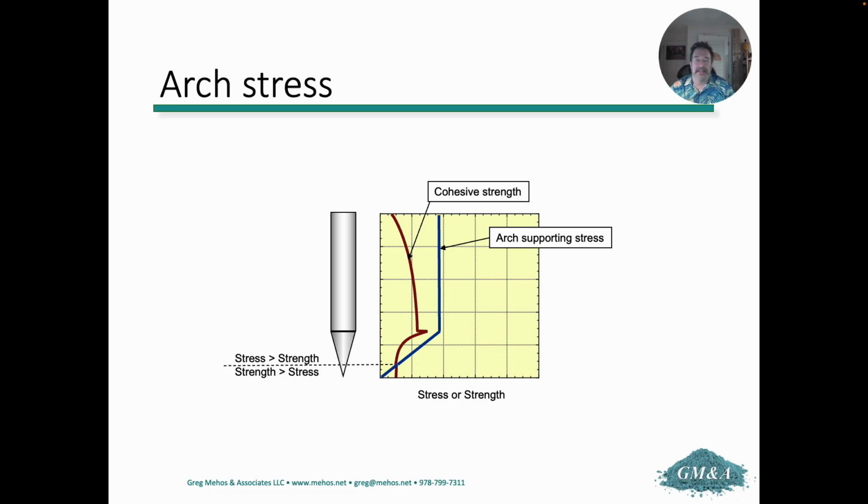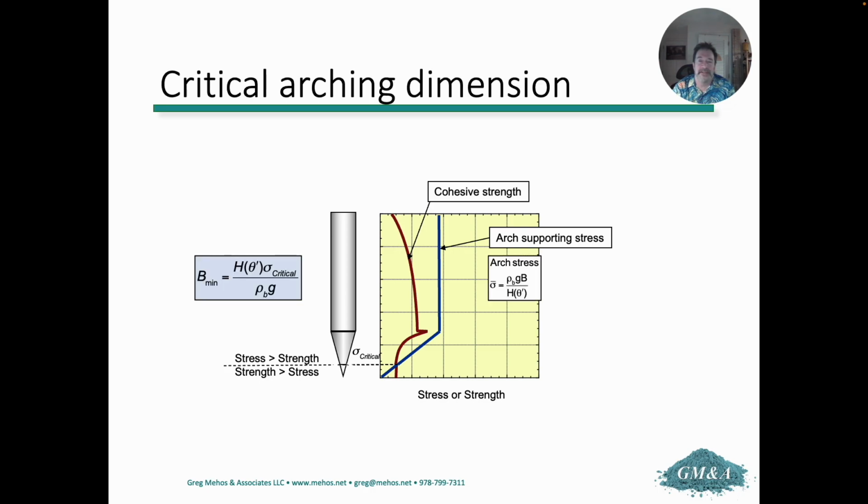On the other hand, if my diameter is too small, then the strength is greater than the stress. That means the diameter is so small, the arch that forms is going to be stable because there's not going to be enough stress on the material to cause that arch to fail. So there's a point there where the stress and the strength are equal.